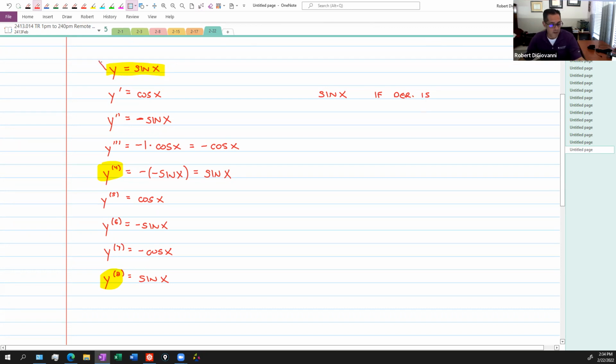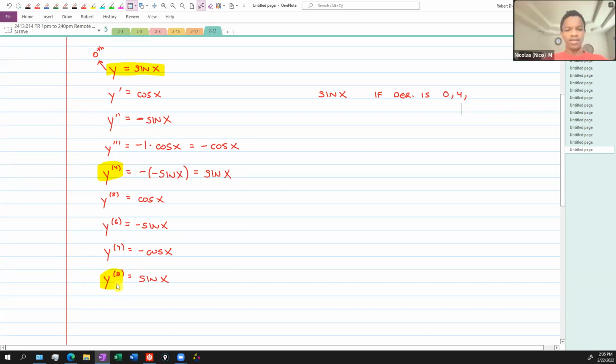This is the original function. We call this the zeroth derivative. The first derivative is you just take the derivative. The zeroth derivative means you don't take the derivative at all. So we will get an answer of sine of x if the derivative is 0. What do you think the next one would be?